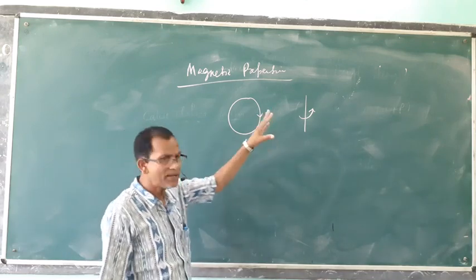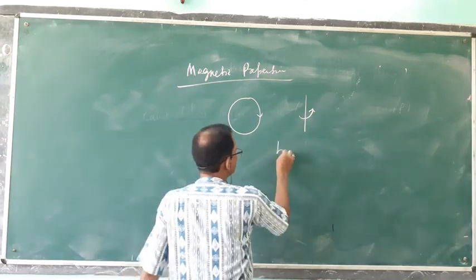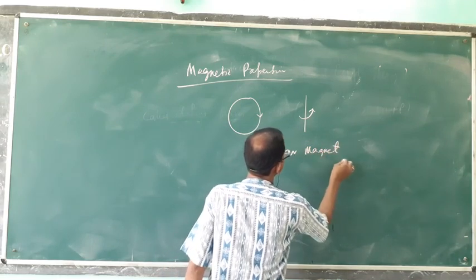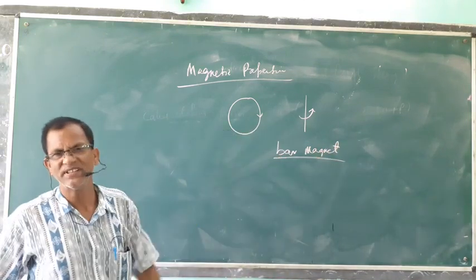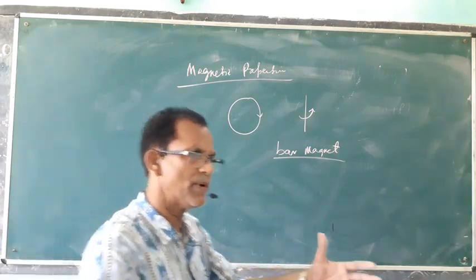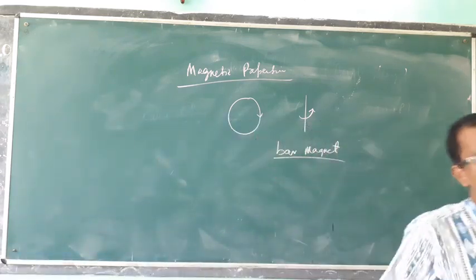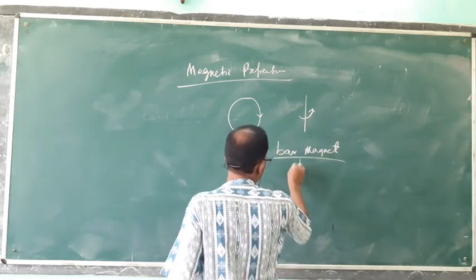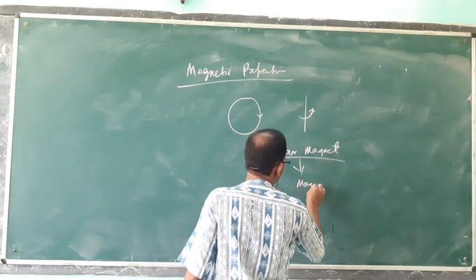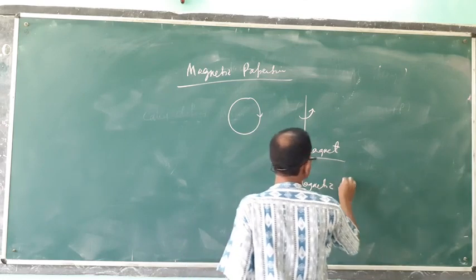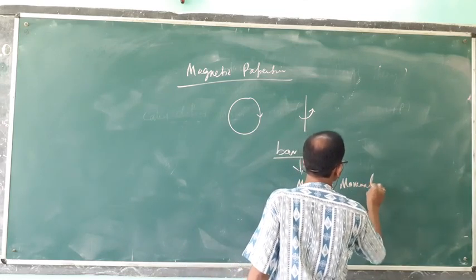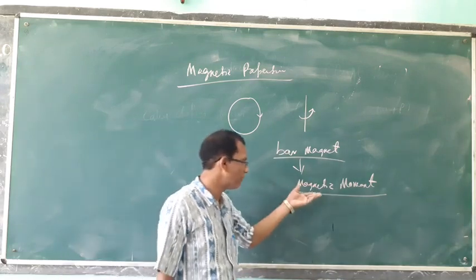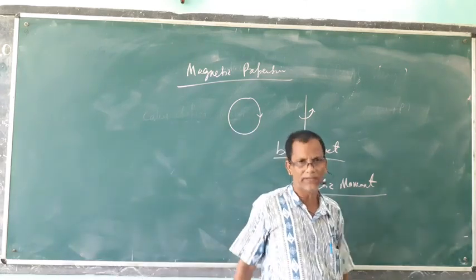It behaves as a bar magnet. Means the electron behaves as a bar magnet. The atom also behaves as a magnet. It has a magnetic moment. The magnetic property is measured by magnetic moment.